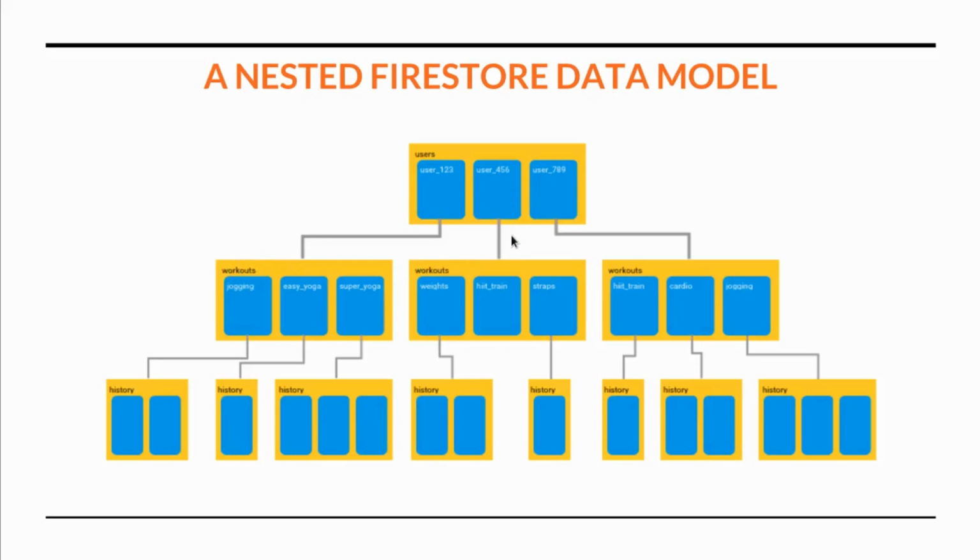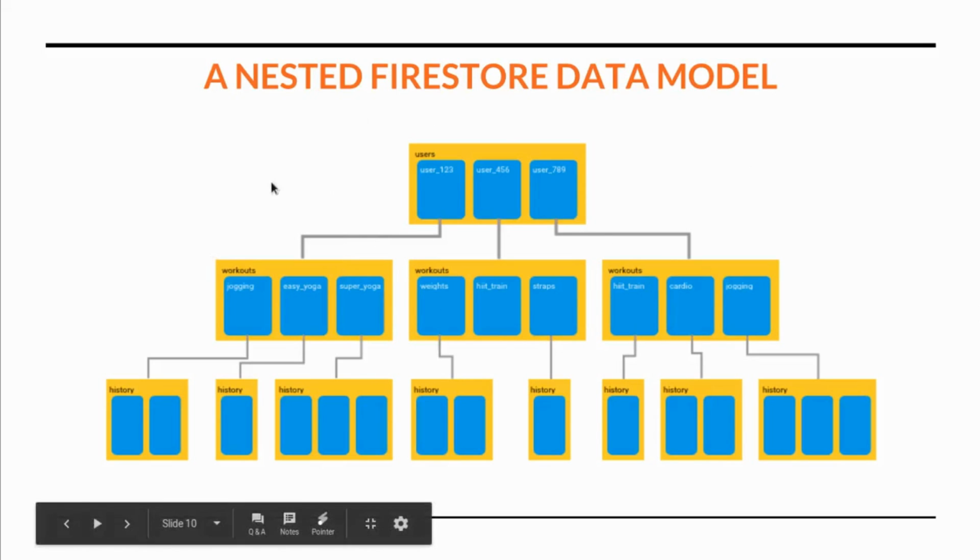Similarly, the second one also contains a reference to workouts, and the third one as well. If you apply this same concept to each document within your Firestore data model, then you are going to have a structure like this. This is a nested Firestore data model.